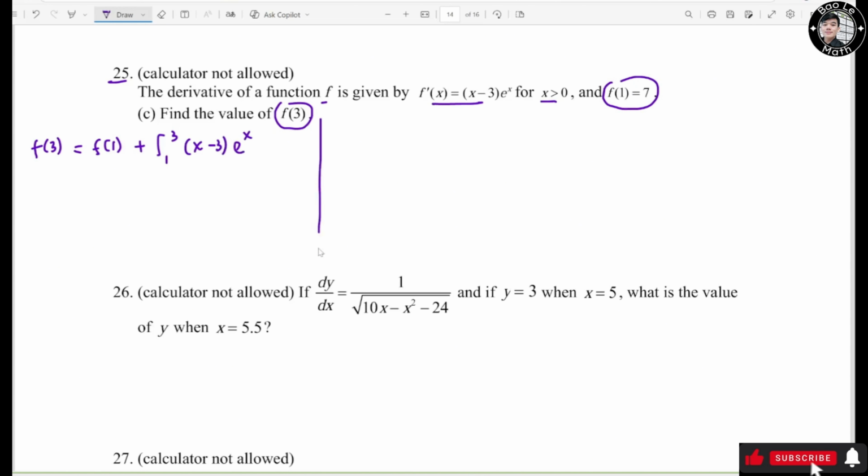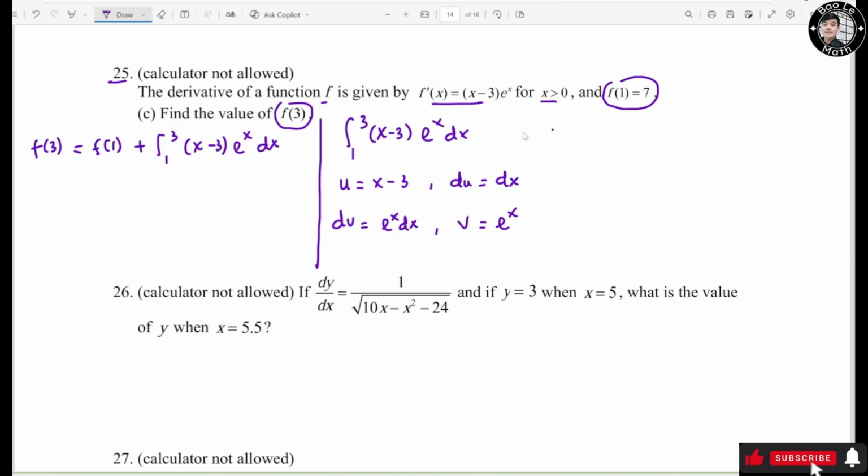Now we're going to calculate this one on the side: the integral from 1 to 3 of (s minus 3) e to the s ds. We need to use integration by parts. So we let u equals s minus 3, du equals ds, dv equals e to the s ds, v equals e to the s.